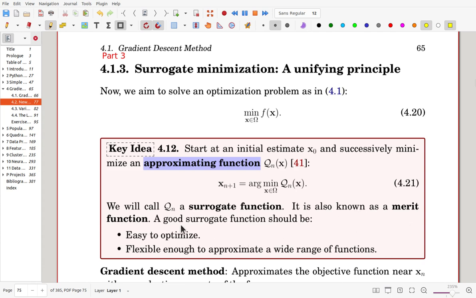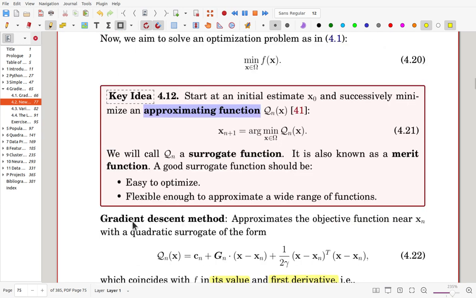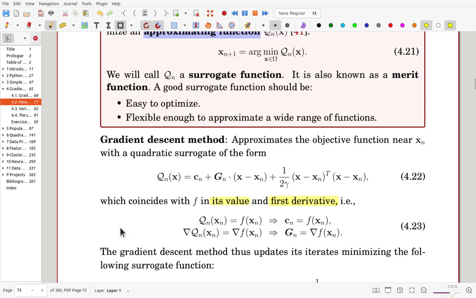The surrogate function should be easy to optimize and flexible enough to approximate a wide range of functions. Let's see the detail of the technique for gradient descent method. And xn is the current iterate.